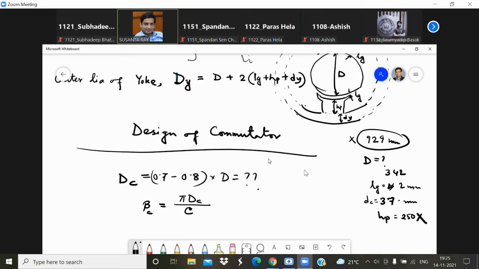So have you calculated how many coils are there in the machine? So this is how the commutator pitch can be calculated.